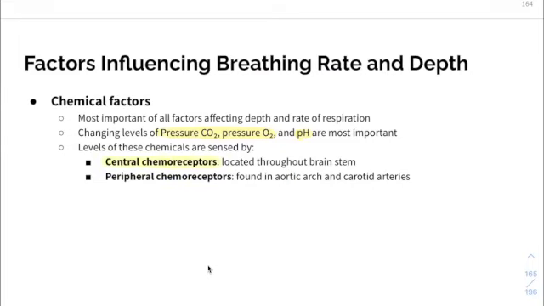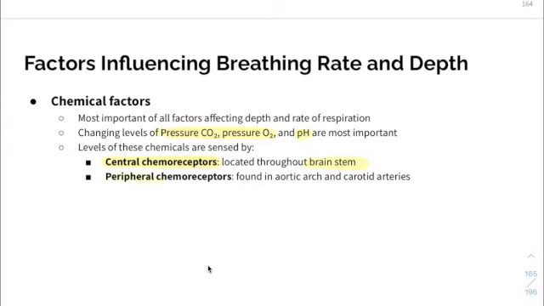Just like when you learned about the nervous system, that's central chemoreceptors. Central means it has something to do with the brain, the brain stem, or the spinal cord. Since the breathing areas in the brain are technically in the brain stem, there are also going to be central chemoreceptors. Chemoreceptors deal with chemicals, so those are receptors in the brain that deal with the chemicals that help you breathe, oxygen and carbon dioxide.